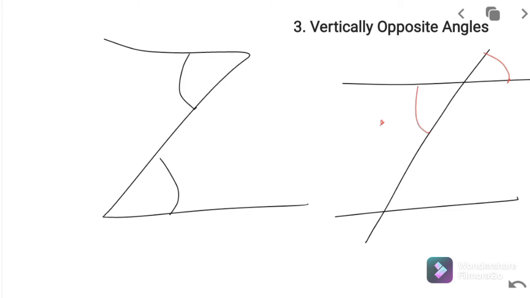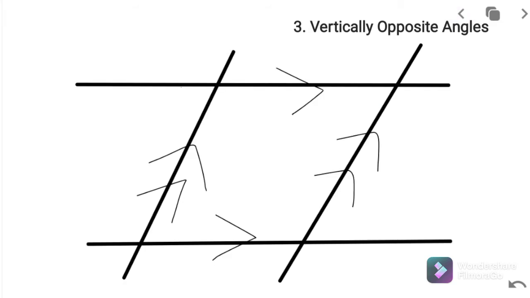And in a parallel intersection like this, we have that these angles are the same, which means here and here, here and here, here and here, even here and here. They are all vertically opposite angles.